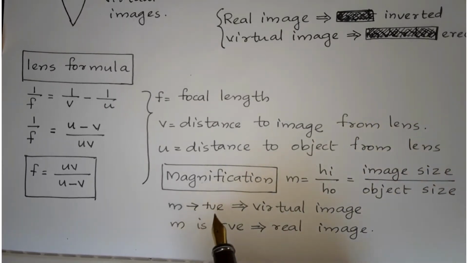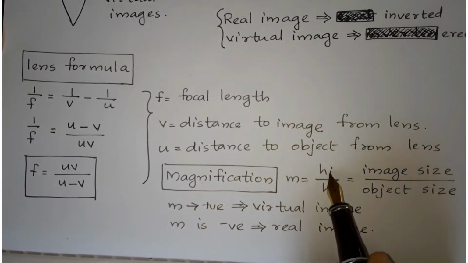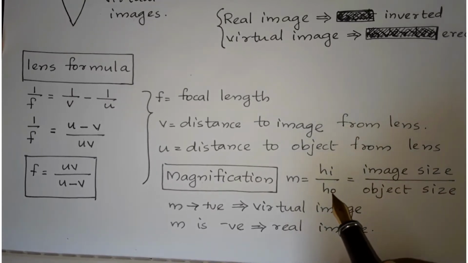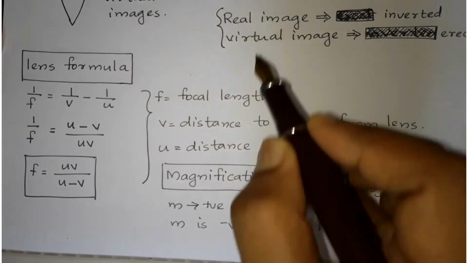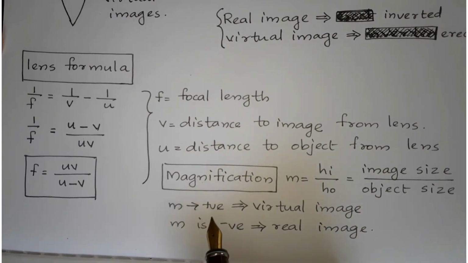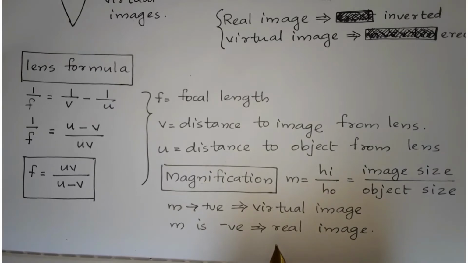M is positive means it is virtual, because M is positive means hi and ho both have the same sign. That is, hi is positive means ho is also positive. That means normally we will consider that the object is erect, then image is also erect. Erect image is virtual. So M positive means it is virtual and M negative means it is real image.